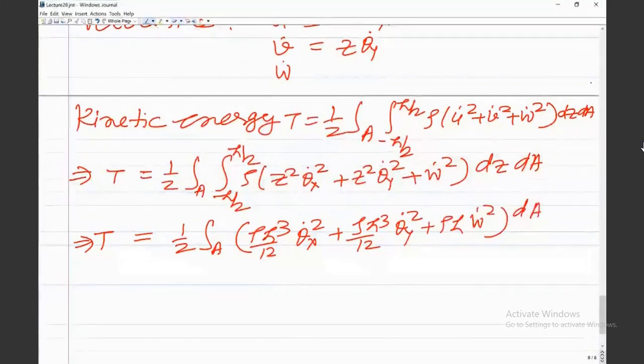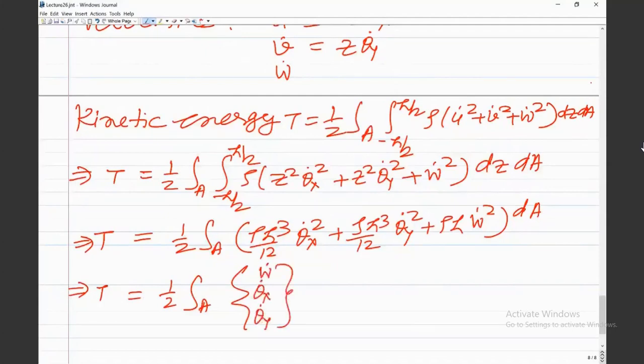So this is straightforward. Now we want to write this in the product of matrices and vectors. So you can write half integration over area, and then you put w dot, theta x dot, theta y dot together. So w dot, theta x dot, theta y dot, and then in between a 3 by 3 matrix.